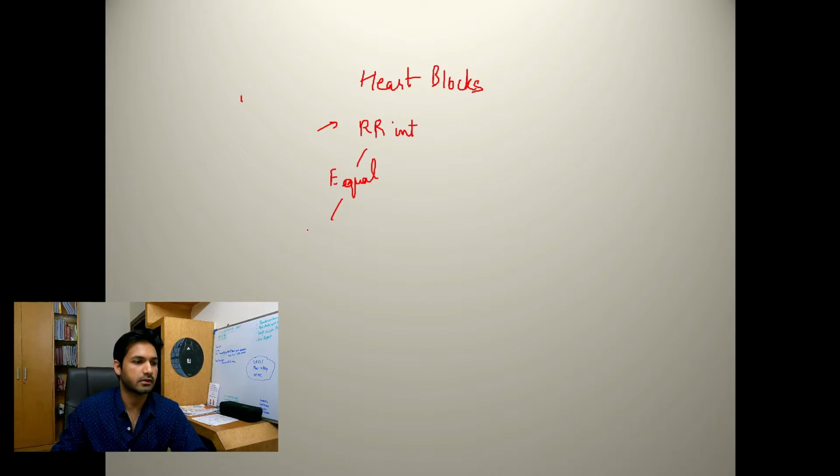it's either type 1 or type 3. If it's not equal, it's type 2 heart block. Now in type 1, all the P waves will equal the QRS.